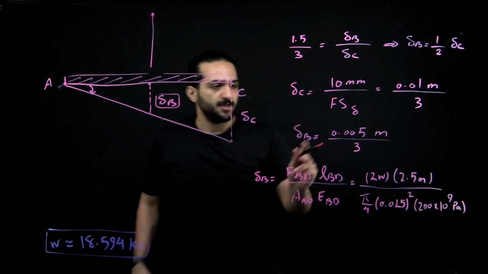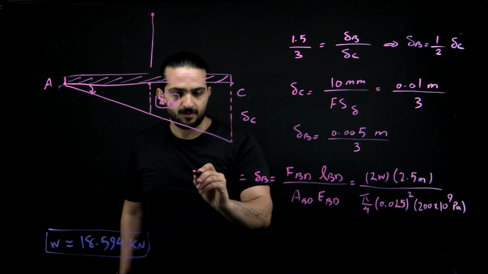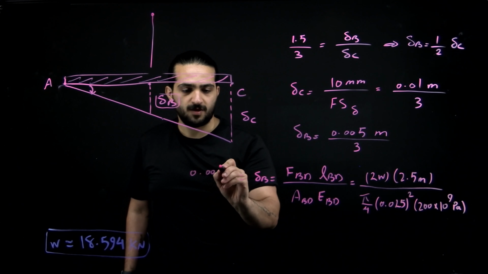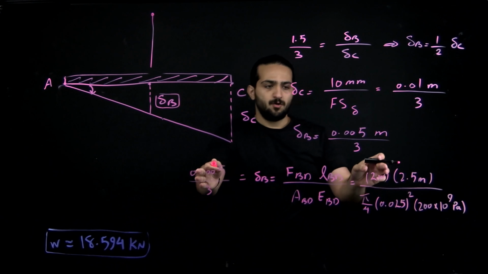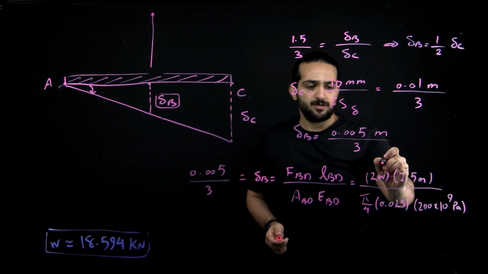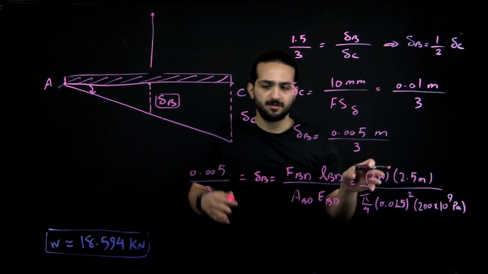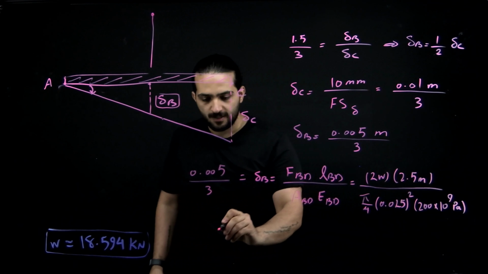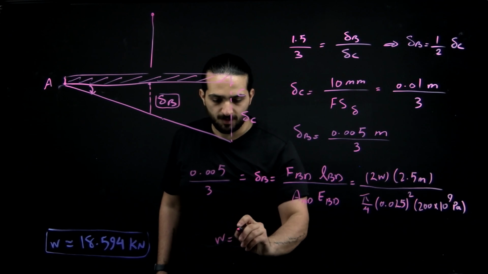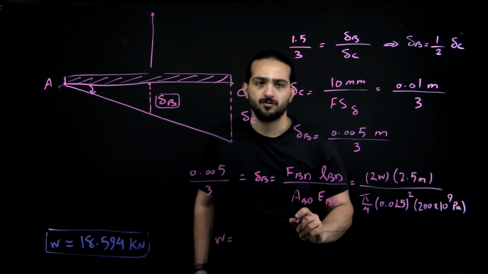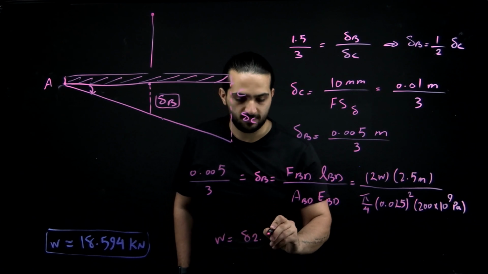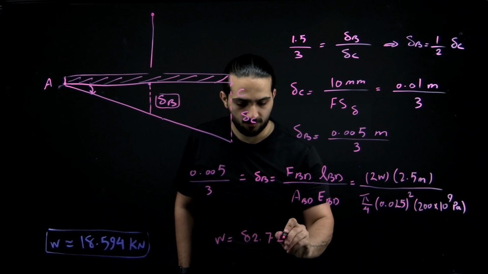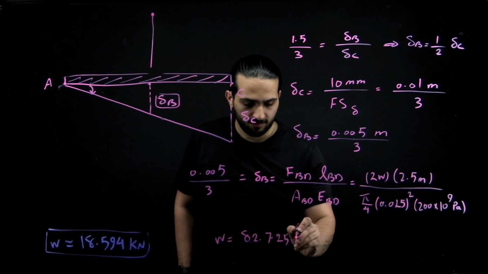And this delta BD is 0.005 divided by 3. So the only unknown value here is W, and after doing the calculations, W would be approximately equal to 82.725 kilonewton.